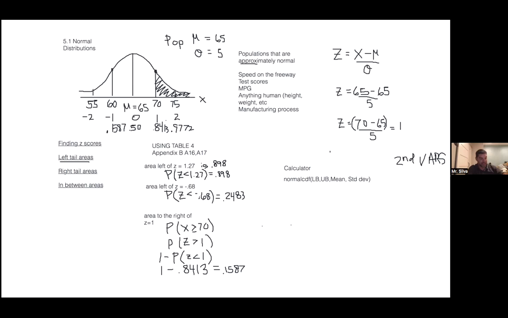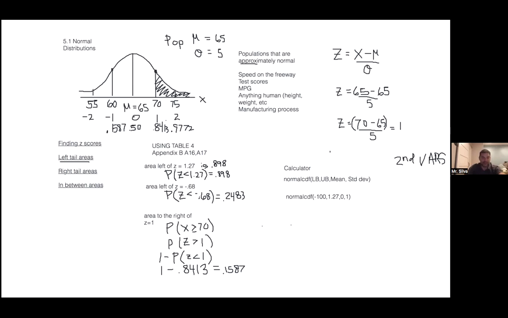Page 241 shows the normal CDF calculator function, how to do it in the calculator. So we go negative 100, go to 1.27, comma, 0, comma 1. What I just did there, I found in terms of z-scores. I'm looking only at z-score, not talking about speed on the freeway right now.